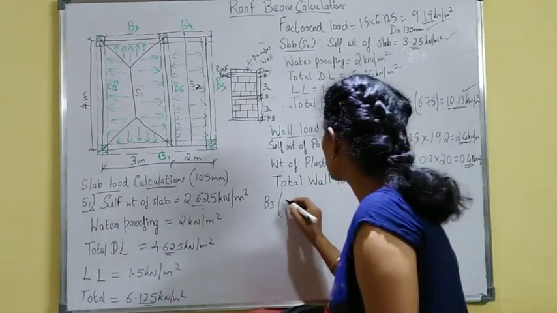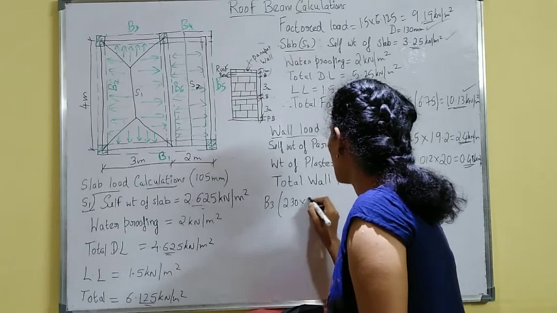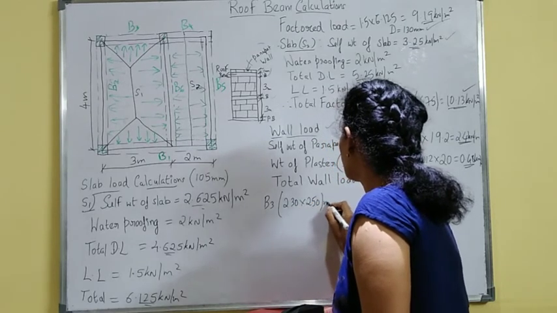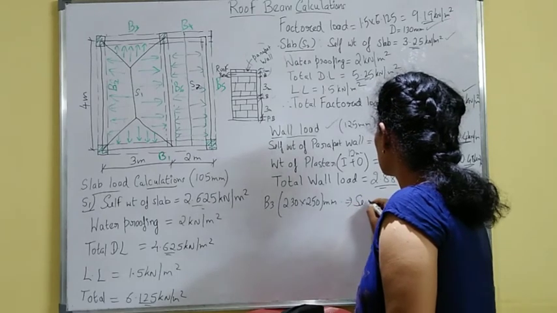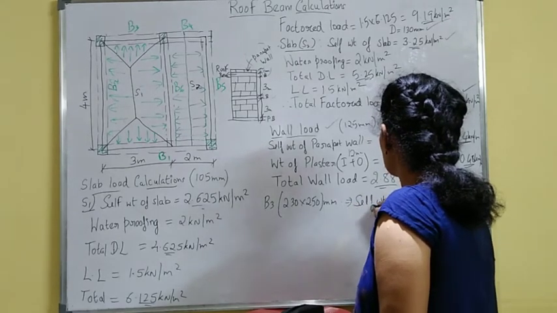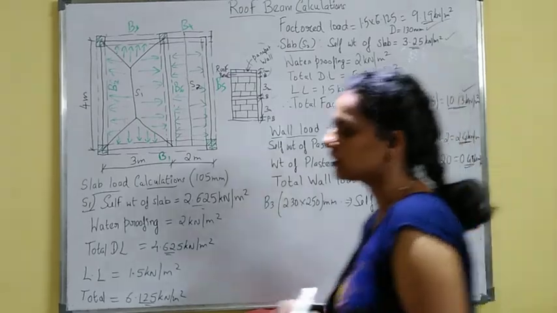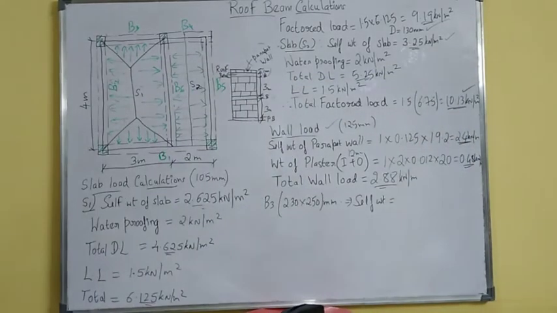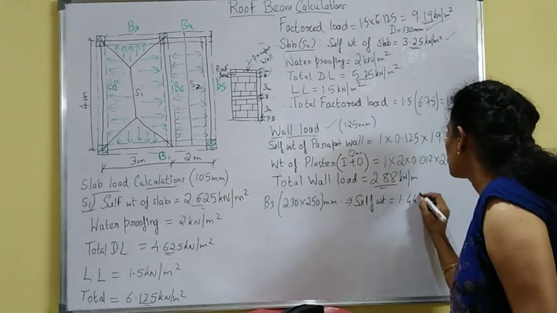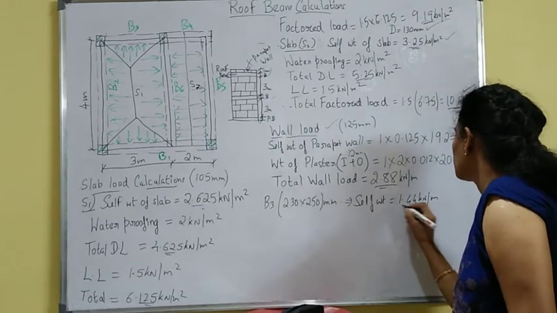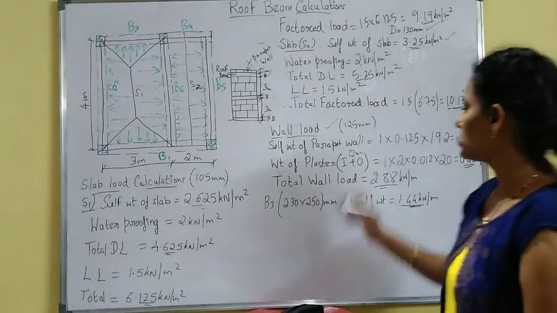The size of the beam is 230 by 250 mm. We have calculated the self weight of the beam, and it is 1.44 kilonewton per meter.